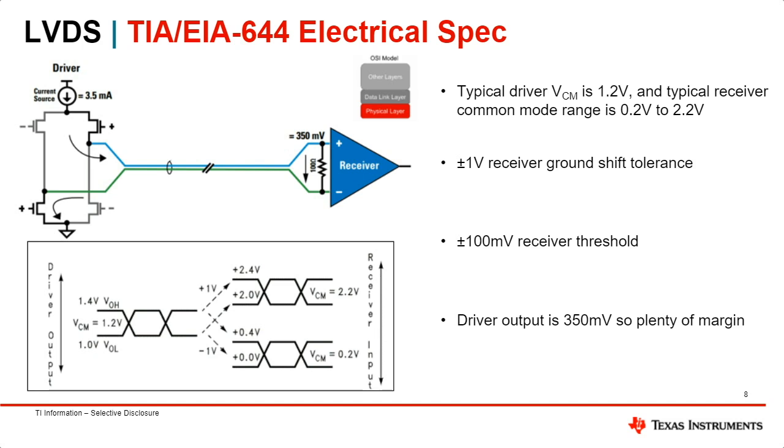This allows for up to 1 volt ground potential difference between the driver and receiver that the receiver will be capable of accepting. So this is the feature that allows for that ground shift tolerance that I discussed on the earlier slide.